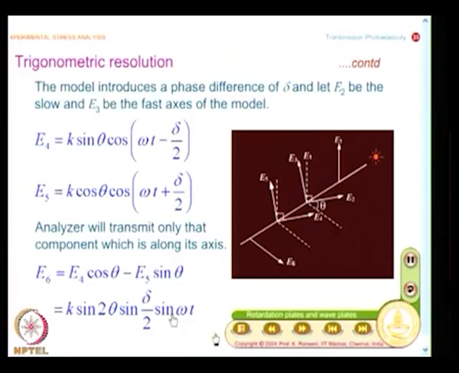So, I have k sin 2 theta sin delta by 2, both are appearing. But what do you record? I do not record the complete light characteristic. All the sensing elements are sensitive only to the intensity, not the complete light vector.